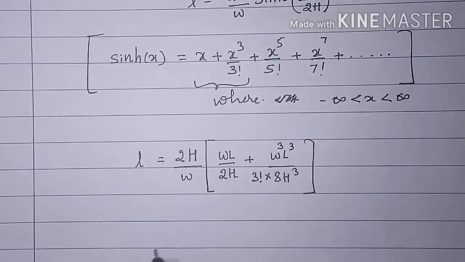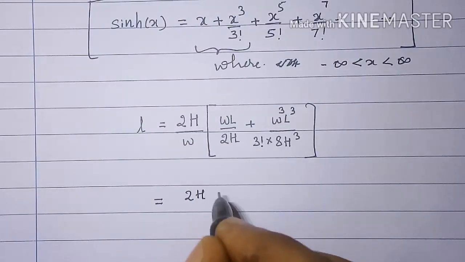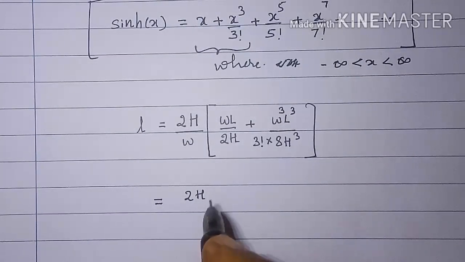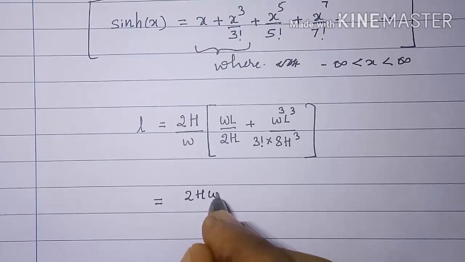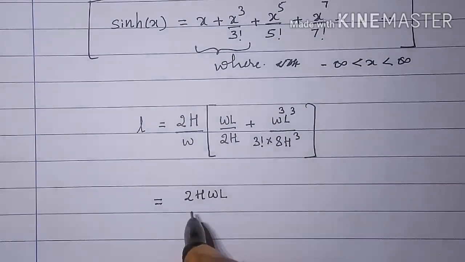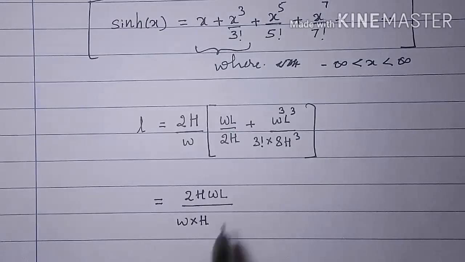Now we'll simplify this by taking common terms outside. That is 2h, here W is common, L is common, divided by W, here h is common, and in denominator 2 is also common.